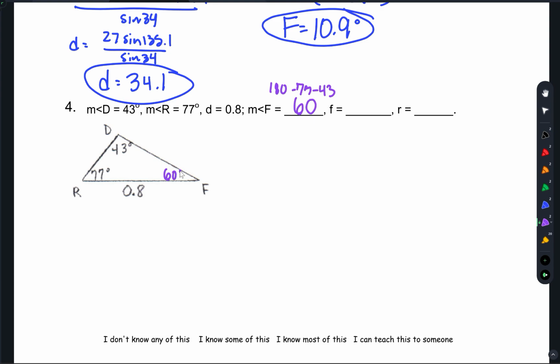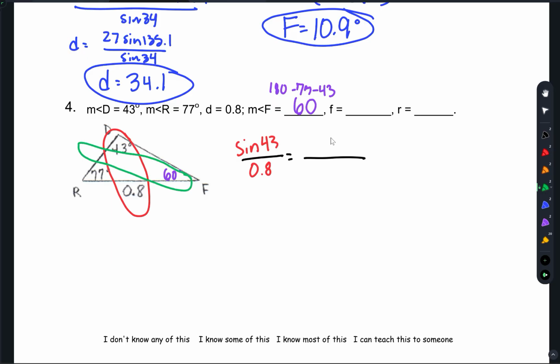And now I can just set up a bunch of law of sines proportions. So let's do the first one. Sine 43 over 0.8 goes with, let's do F first. So F is sine 60 over F. The other proportion, which I'm going to set up at the same time for the sake of time, is sine 43 over 0.8.